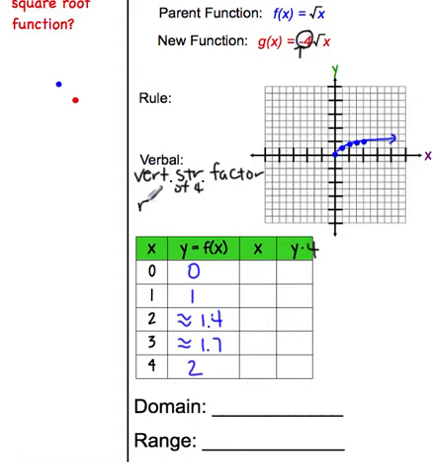So I'm going to write down that we also reflect over the x-axis. And so by doing that, that means that all of our y values are going to be negative, because if you think about it, the x value stays the same, the y value is what's going to go to the opposite. So all of our x values are actually going to stay the same. So I'm going to go ahead and fill that out and say, well, you're still going to be at 0, 1, 2, 3, and 4.